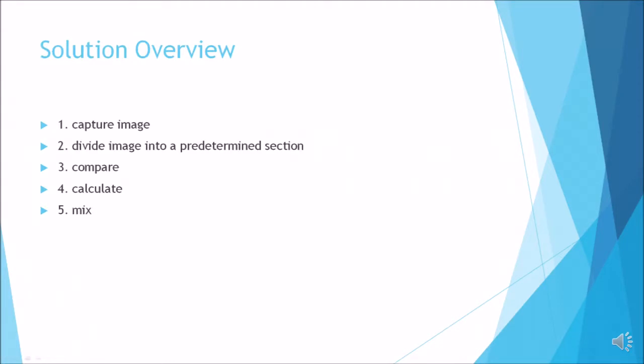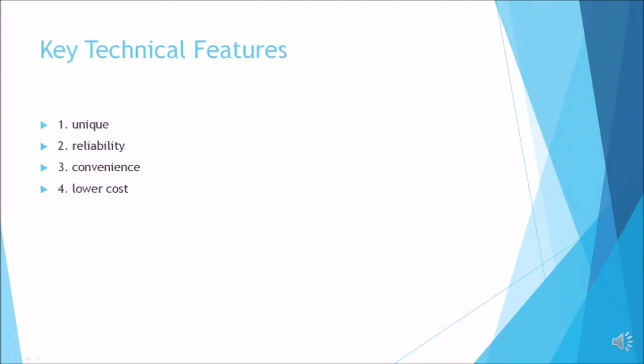After that, compare each segment of the image with the next image, and calculate the average of the image transition through the overlapping regions. In the last step, the entire image's transition value is mixed into each image bound. Now let's talk about the key technical features.